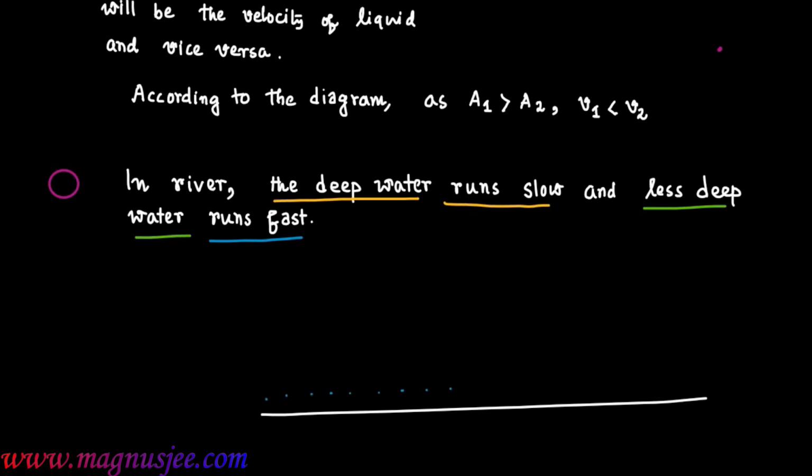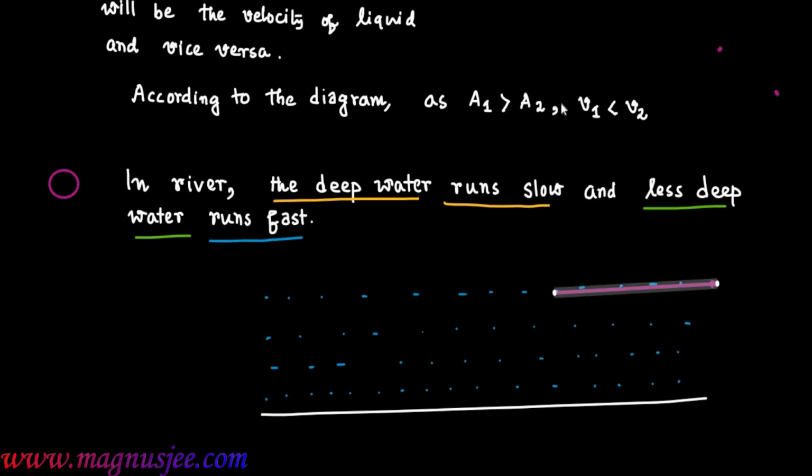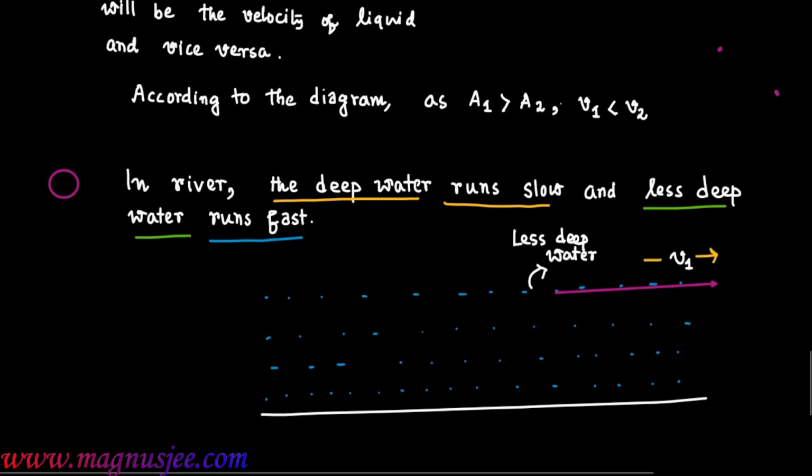We can draw a diagram of the flow of water through a river. These are different layers of water of a river. Less deep water level flows with velocity V1, and the deep water level flows towards the right with velocity V2.